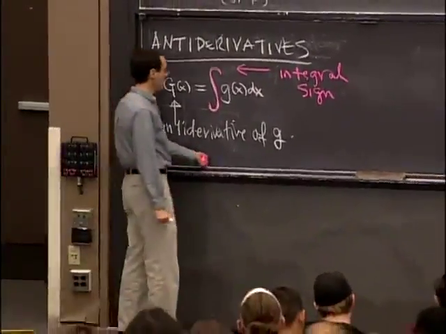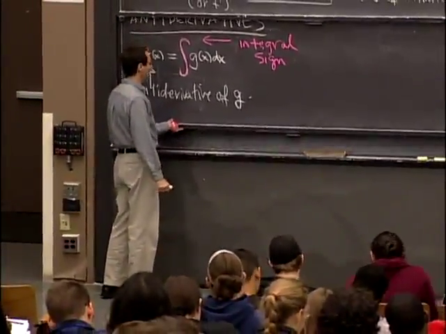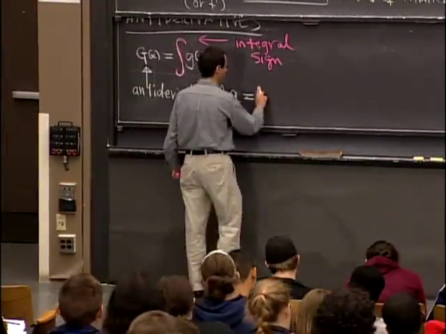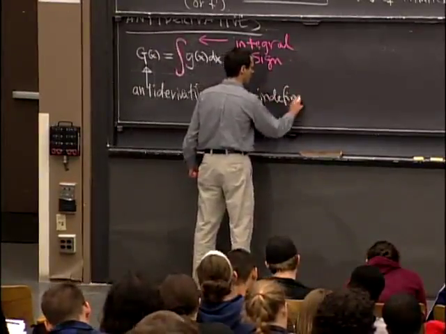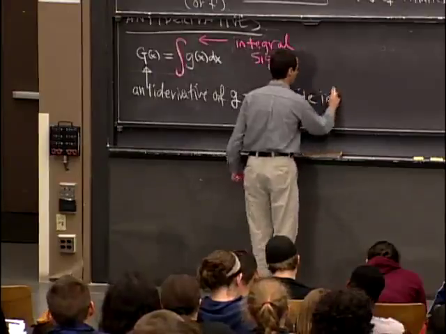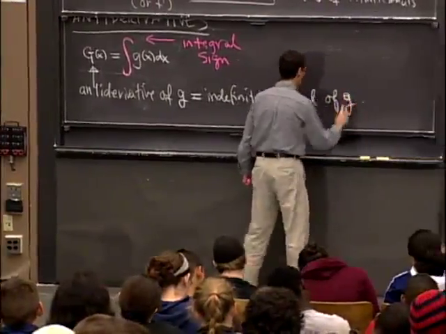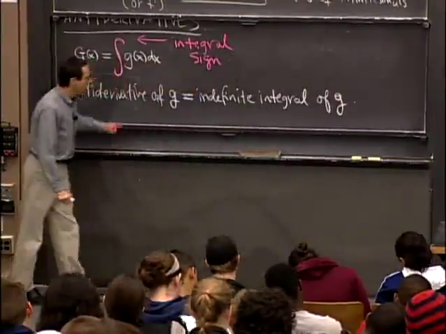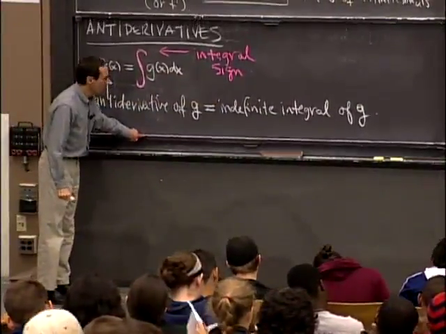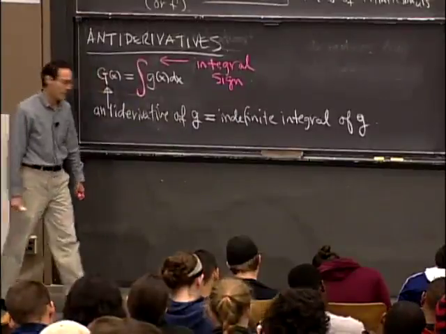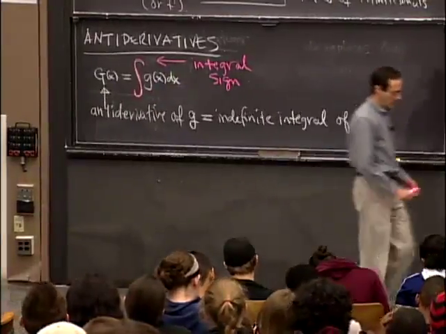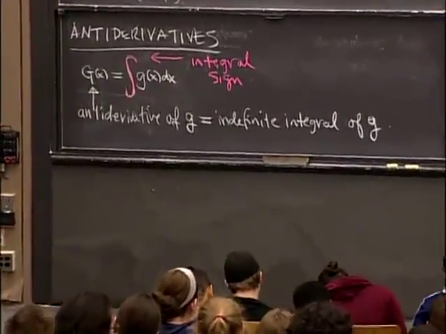And another name for the antiderivative of g is the indefinite integral of g. And I'll explain to you why it's indefinite very shortly here.